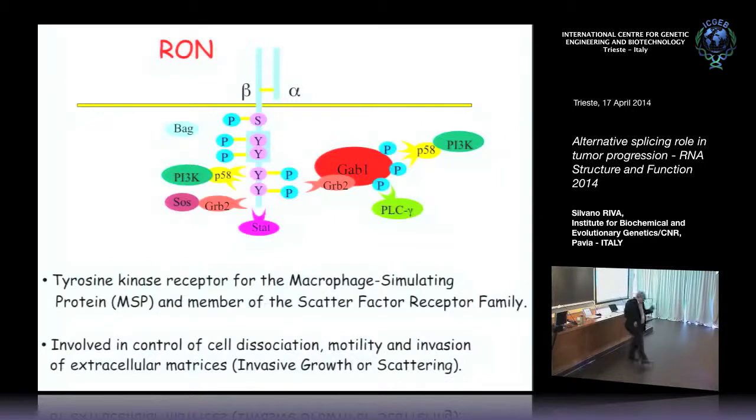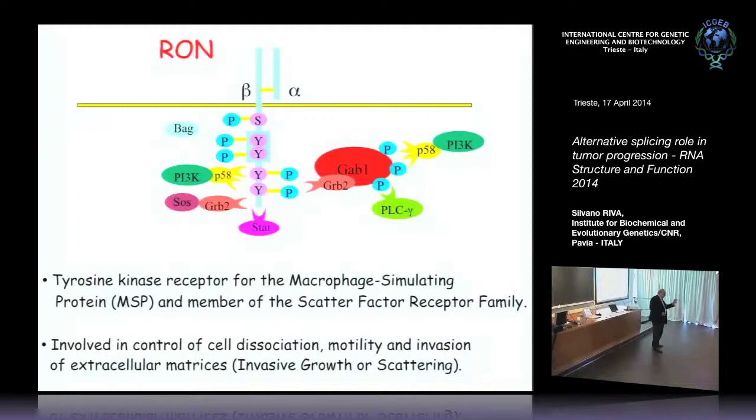Okay. Now, the alternative splicing I will be talking about concerns a tyrosine kinase receptor for macrophage stimulating protein, and is a member of the scatter factor receptor family. It is involved in control of cell dissociation, motility, invasion of extracellular matrices. So it's a very strange receptor.